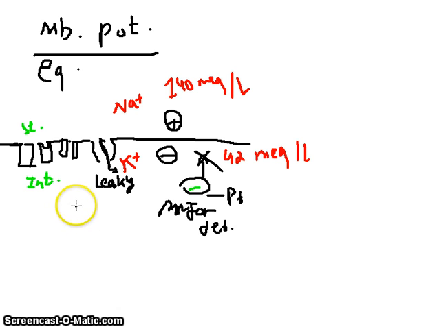Let's imagine a lock and key sort of compatibility. Let's say that this is the potassium ion and this is the channel.